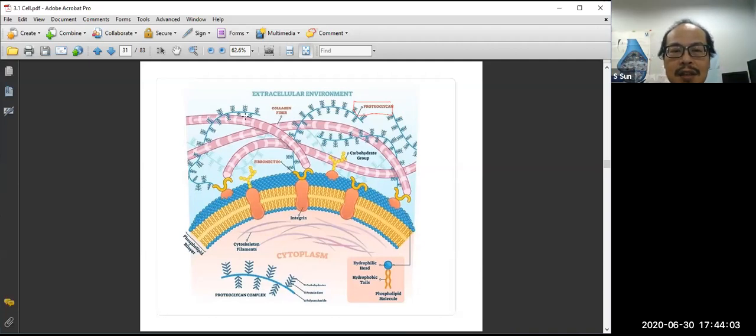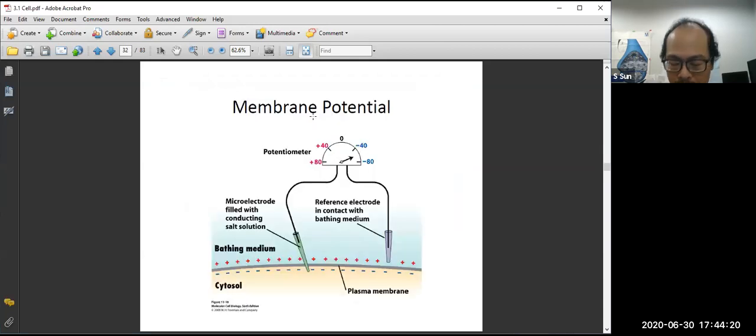All cells in this environment, in this extracellular space, are filled by large amounts of these proteoglycan. So that's the membrane. We have the membrane structure: lipid, protein, and carbohydrate.